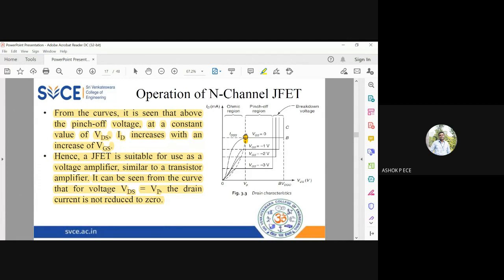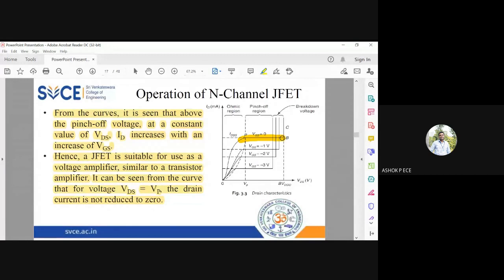No, when pinch-off happens, the current becomes constant because the minimum area will always be applicable. You should not think that when pinch-off happens, the drain current will again become zero. That is not happening here, because the drain current is becoming constant because the pinch-off has a minimum area for the drain current to flow.